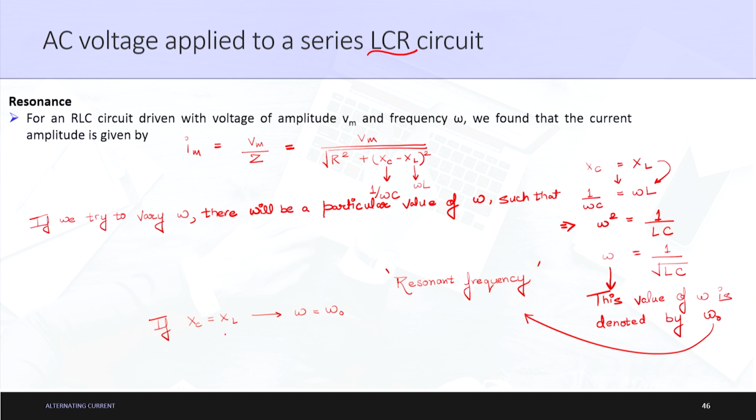At that point, what is the value of Im? Im is Vm by capital Z, which is Vm upon root over R square plus Xc minus XL whole square. As Xc is equal to XL, Xc minus XL is 0, and therefore Vm upon R is obtained.